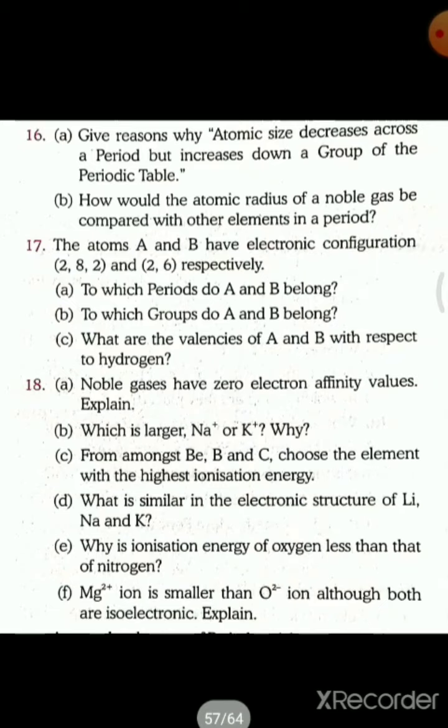Okay, and so when we come to oxygen, as we go from left to right, oxygen has smaller size as compared to lithium. Like that, if we come to magnesium, okay, so here the question is, magnesium ion is smaller than oxygen.